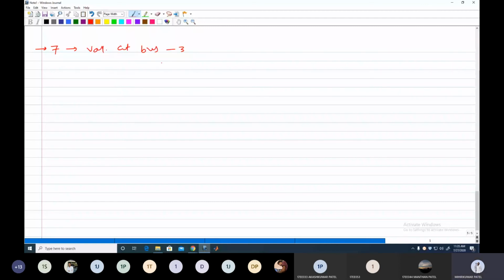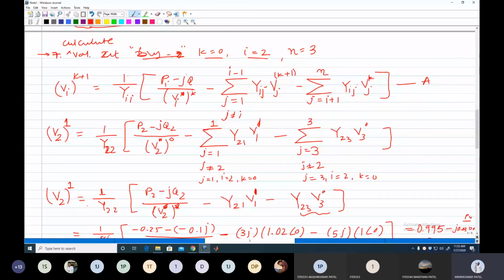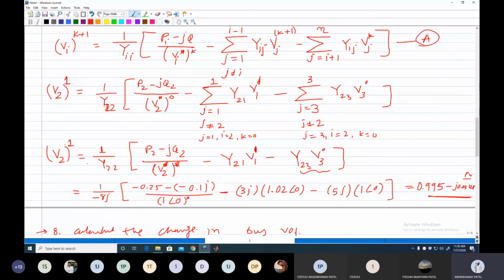Clear? So here now i is equal to 3, k equal to 0. Substitute these values in equation number A. Help me write down the final equation for voltage at bus number 3 for iteration number 1.